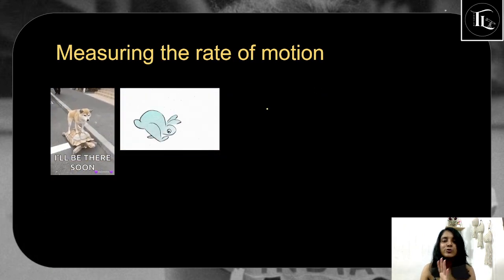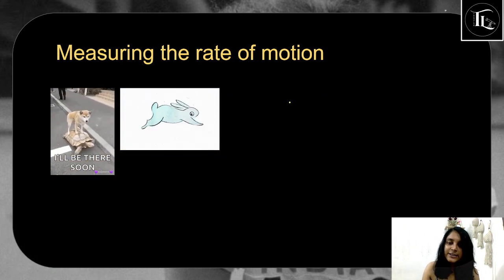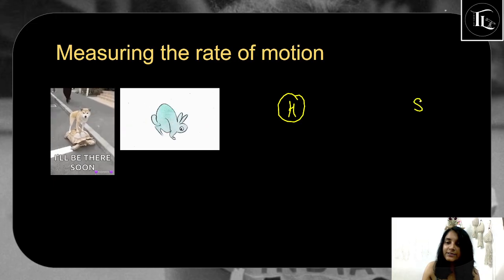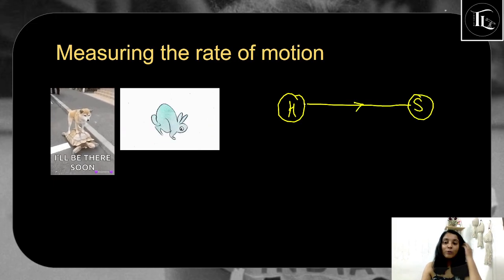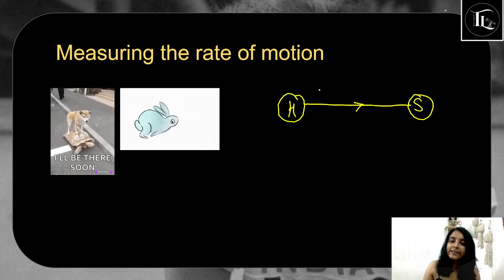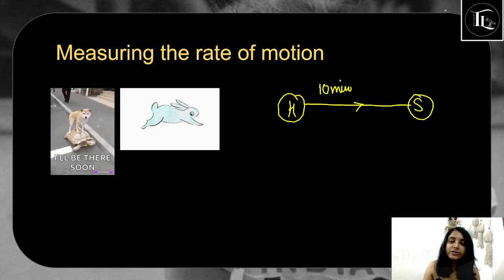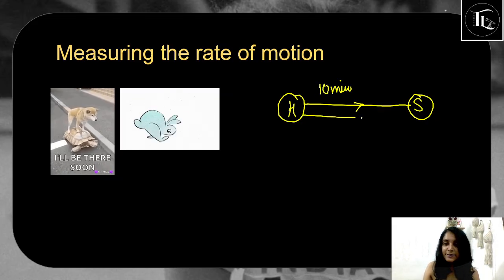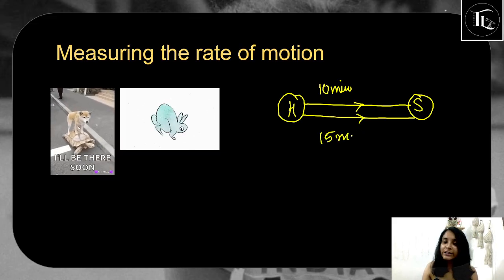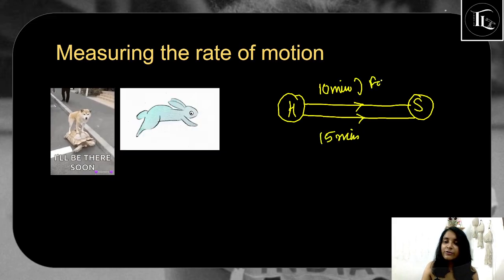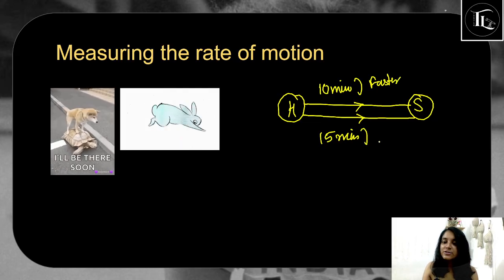So measuring the rate of motion, let us understand. Let us say this is home and this is school and this is you, and you have to move from home to school, and let us say you took 10 minutes while your sibling who was slower took 15 minutes. So you were faster and your sibling was slower.